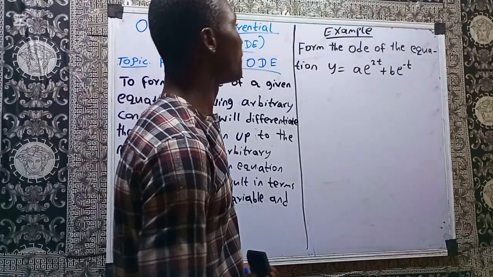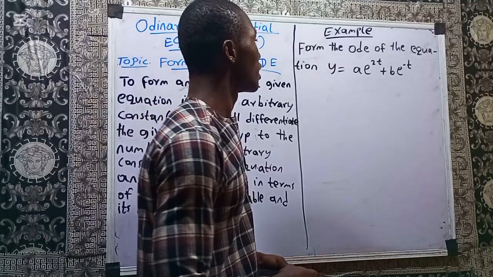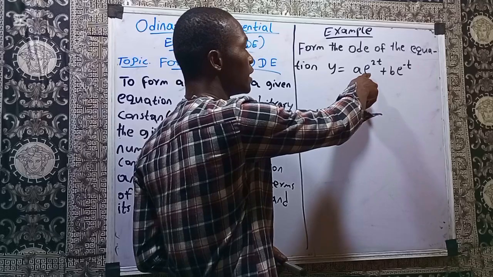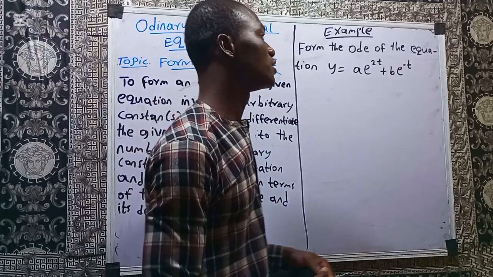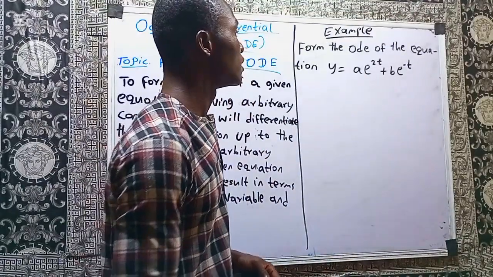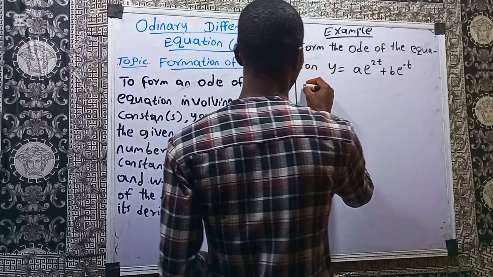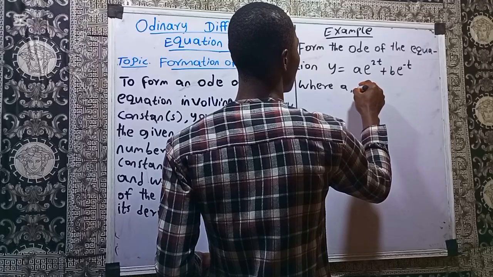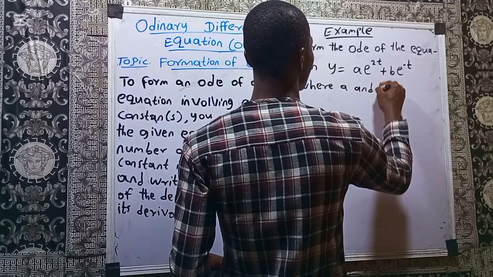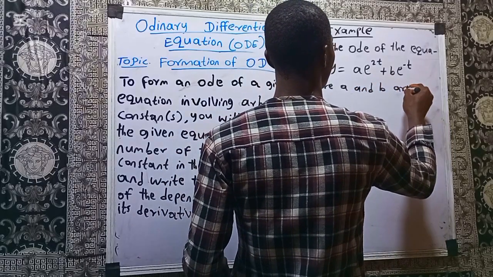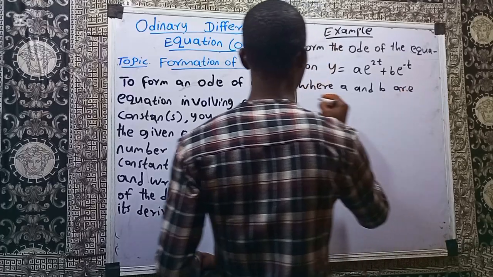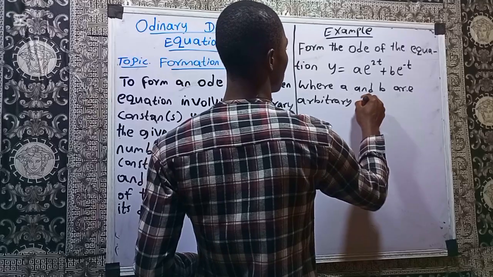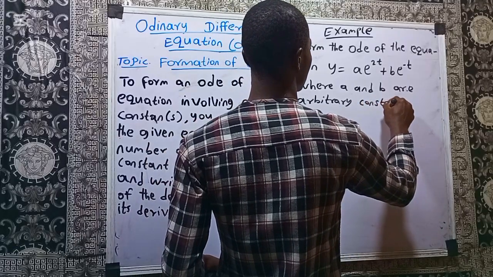So we have this example to consider. They ask us to form the ODE of the equation y equals a exponential 2t plus b exponential negative t, where a and b are arbitrary constants.